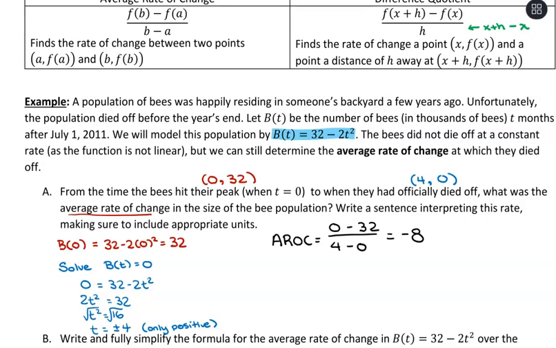So let's see, we started in July, so 4 months later, so August would be 1, September would be 2, October would be 3, so November would be 4.